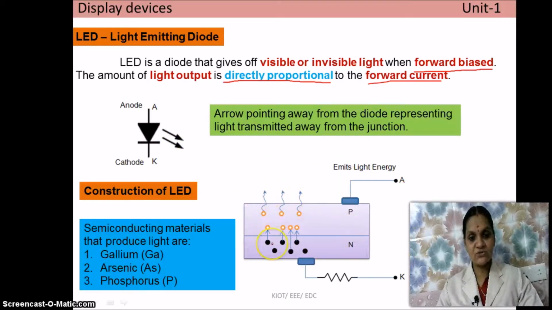The construction of LED has only a little difference from diode construction. The first thing is the base is formed by a p-type substrate. Substrate is nothing but a base. So the LED has a base as a p-type substrate, and above that substrate an n-type layer is diffused by a special diffusion process. This is a fabrication technology.